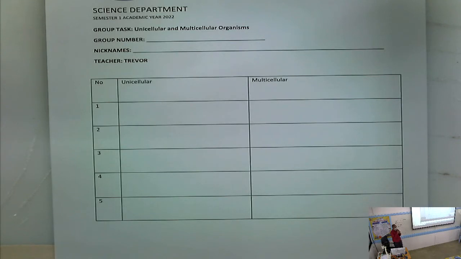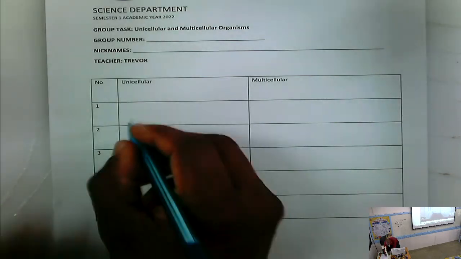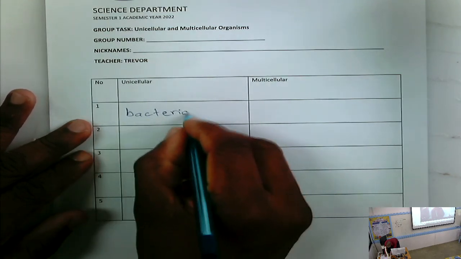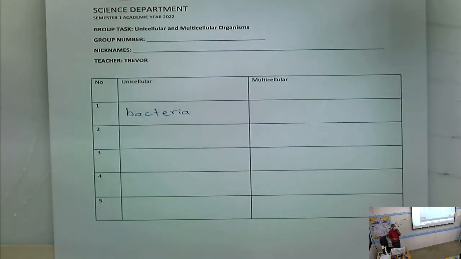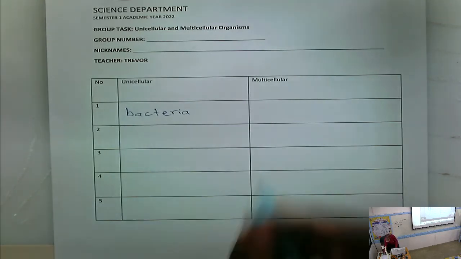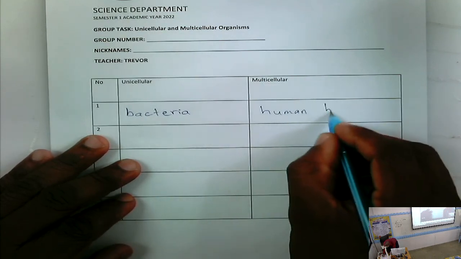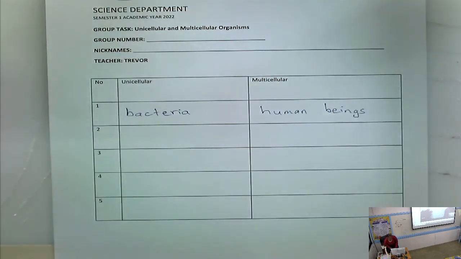Bacteria is one example of unicellular. I've given you examples, one unicellular, one multicellular. I want you to write the others.